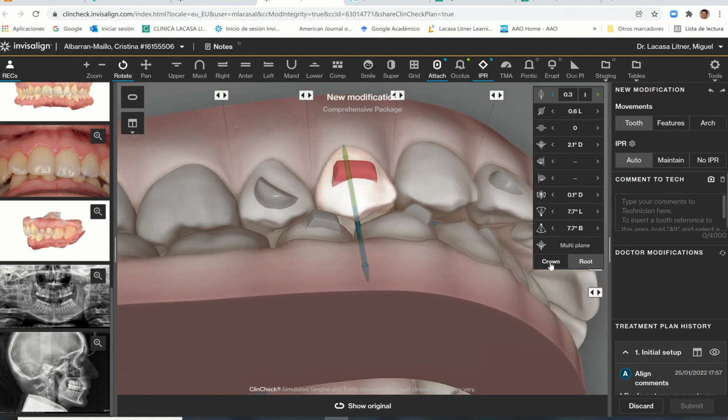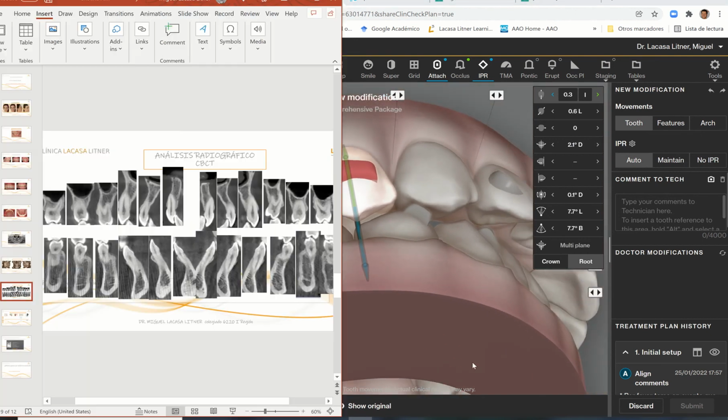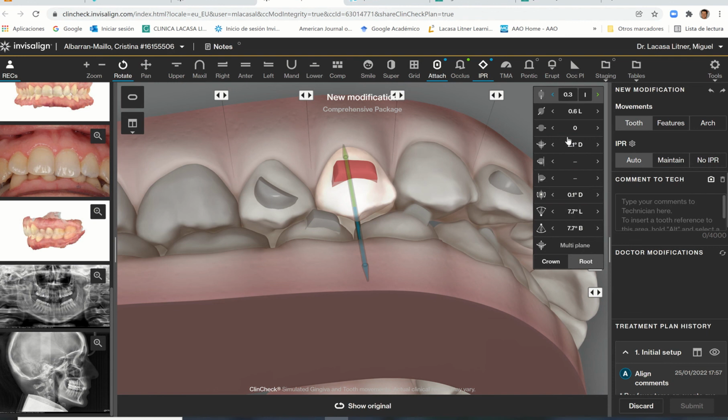But I go back again to my PowerPoint, I look at number 14, and I want to move this root more to the palatal side, especially knowing that when we design root movement, in the best scenario, we are going to get half of what we want. So we are going to over-engineer, as Barry Glaser told a long time ago, over-engineer this.